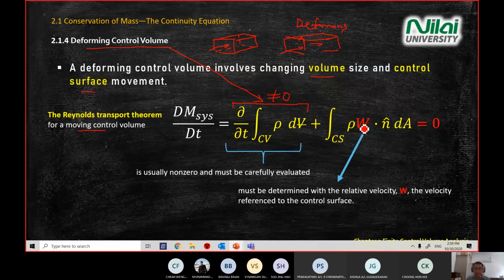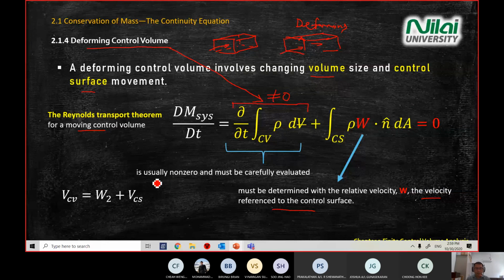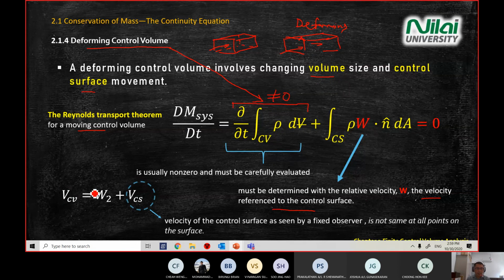And this is just an extra note to remind you that the velocity here is the relative velocity, the velocity with reference to the control surface. This is again the side note for the velocity vector.